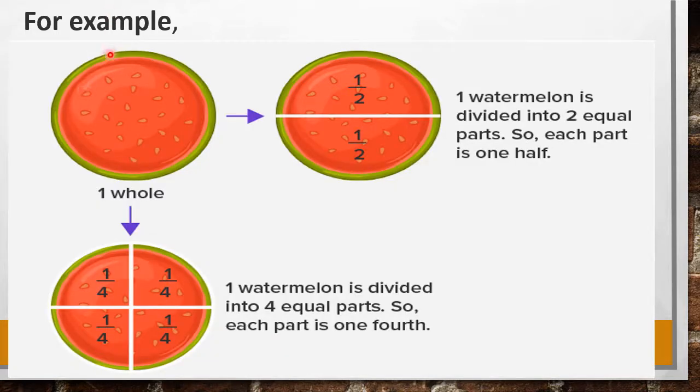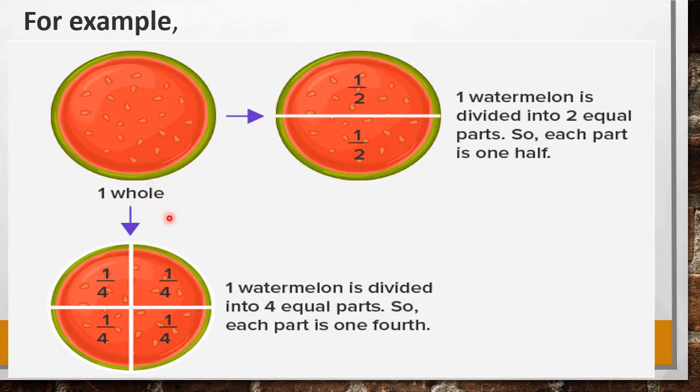Students, let's see one example. Here, one whole watermelon is there. When one watermelon is divided into two equal parts, each part is 1/2.